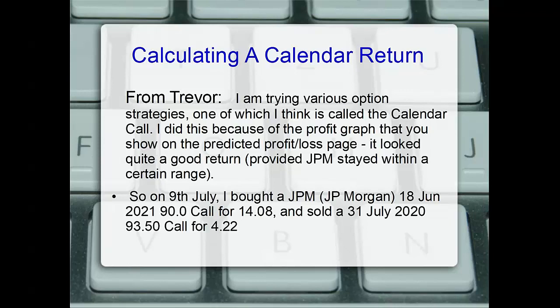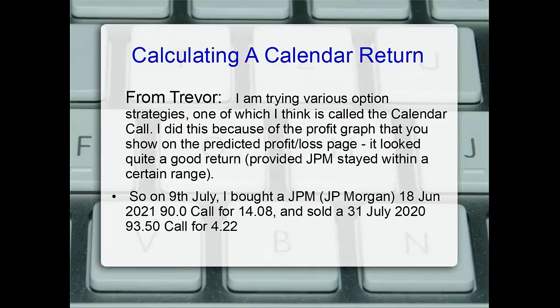Trevor emailed me earlier today, says, I'm trying various option strategies, one of which I think is called the calendar call. I did this because the profit graph that you showed on the predicted profit and loss page looked like a very good return, provided that JP Morgan stayed within a certain range.